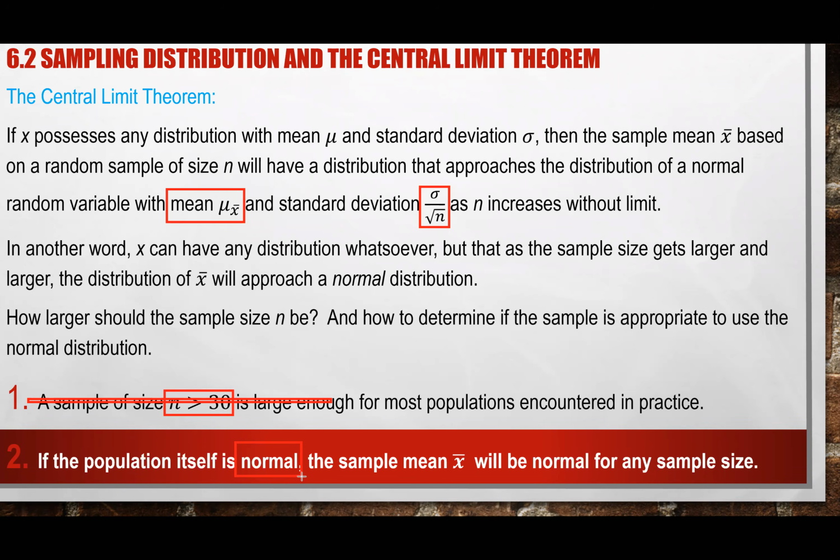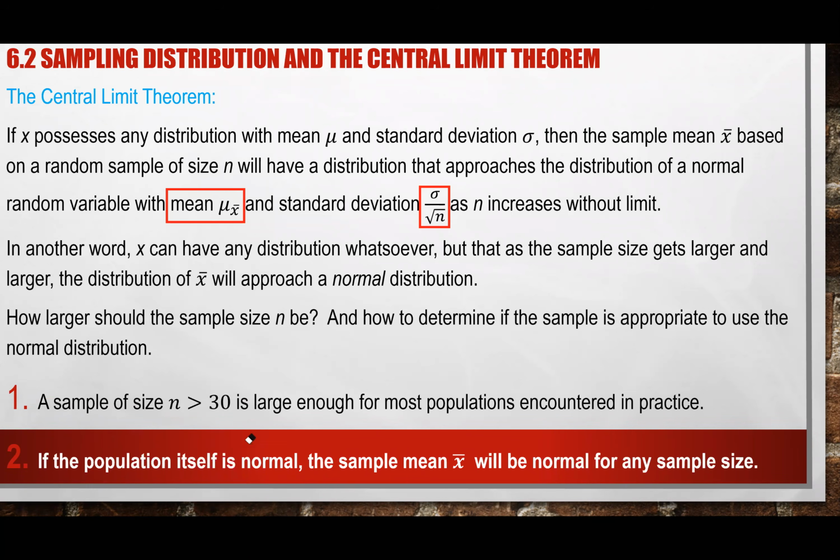We have to know that our population is a bell-shaped curve, and then regardless of how many samples, n can be 2, n can be 7, we don't care, we can do it because the data itself is a bell-shaped curve. If we don't know that the population is normal, then you have to have more than 30, so at least 31.